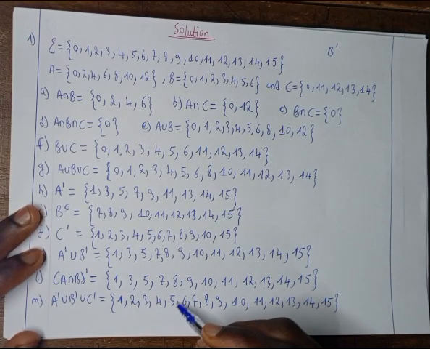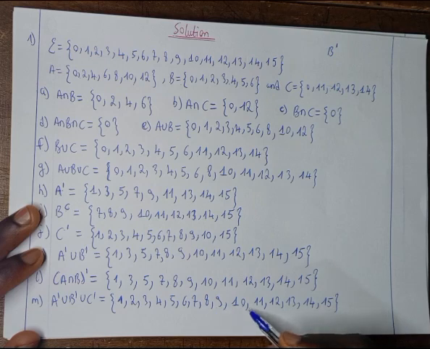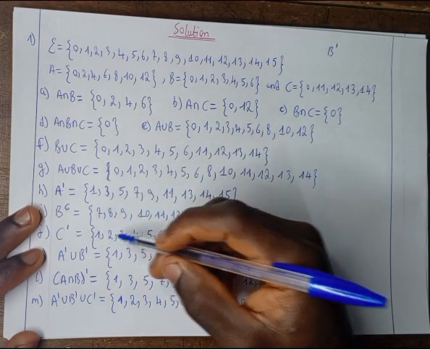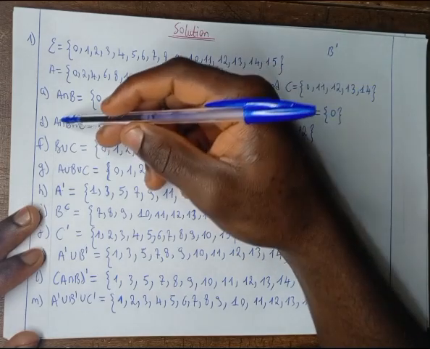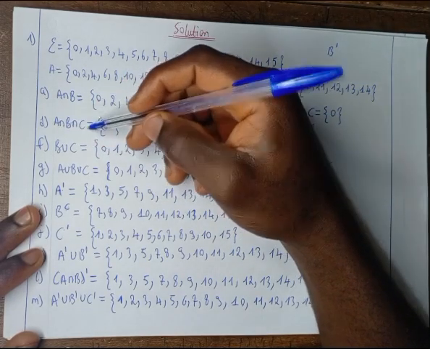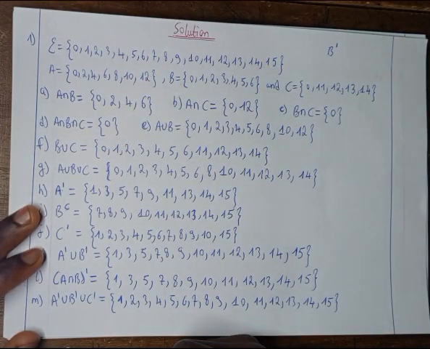So we have 1, 2, 3, 4, 5, 6, 7, 8, 9, 10, 11, 12, 13, 14, 15. The only element which is absent is 0, which is found in the intersection of the three sets.